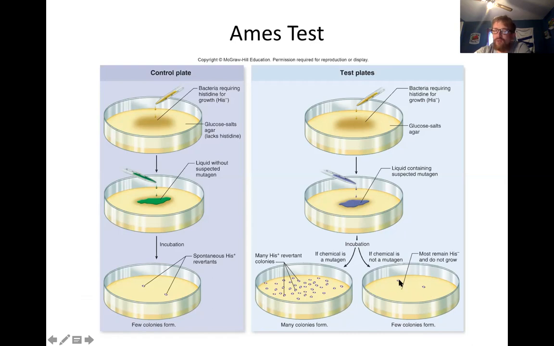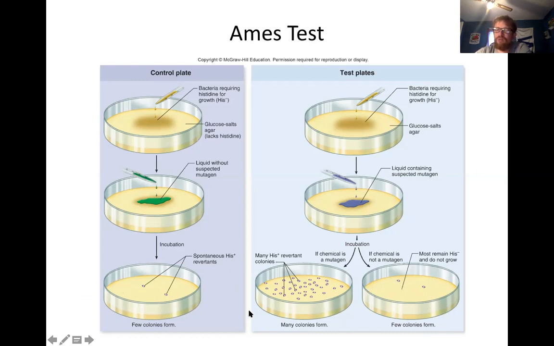It didn't work in a lot of them, but it did work in some of them. However, if you have that control plate where you didn't have the mutagen and it was just spontaneous mutation, you compare these two back. Hey, this plate looks really similar to the control plate. So that means that this was just spontaneous. It didn't have anything to do with the mutagen. So this chemical is not a mutagen.